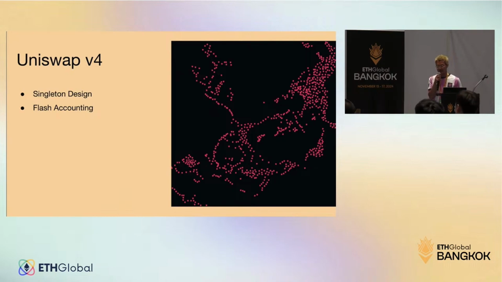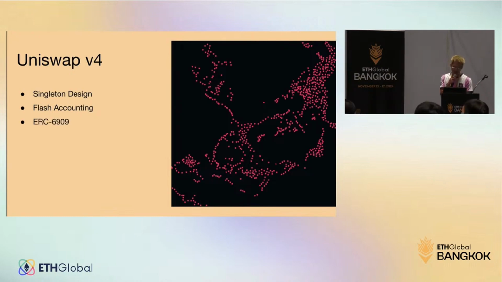The idea is you can stack a bunch of operations that create credits or debits, and at the very end of the transaction, you do that final token settlement. Whereas normally, if you were to swap and then add liquidity, you would have to swap, do token transfers, and then add liquidity, another set of token transfers. But with flash accounting, that all just happens at the very end.